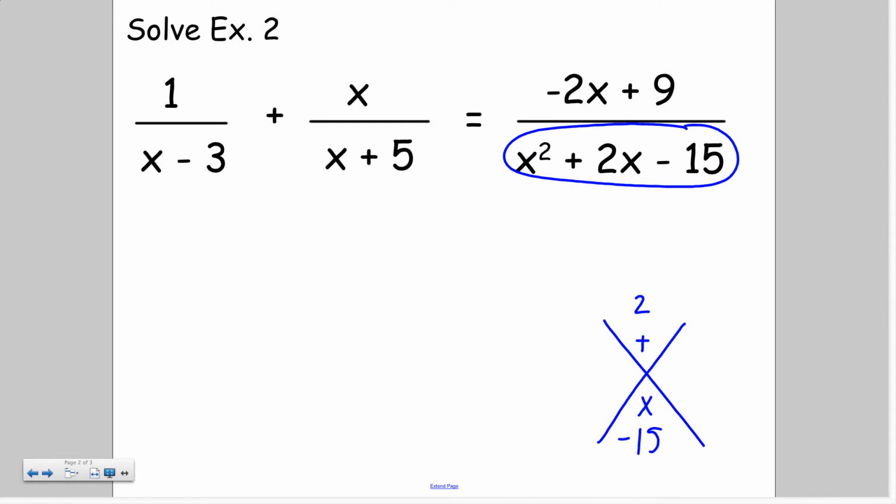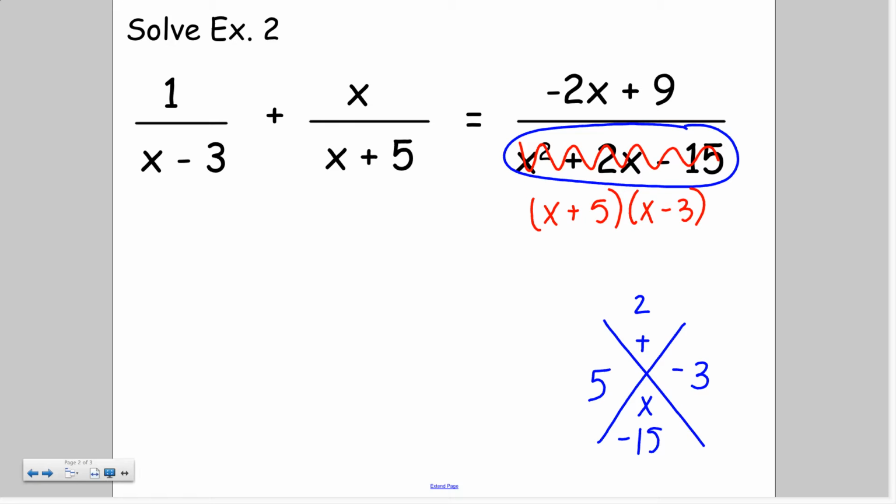So multiplying to get negative 15, adding to get 2, that should be positive 5 and negative 3. So I'm going to change this denominator. I'm just going to rewrite it so that it says x plus 5 and x minus 3. When I do that, I should see something in common with my other denominators.